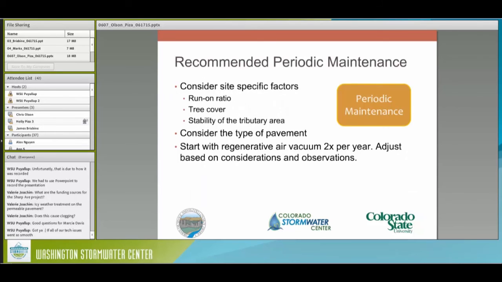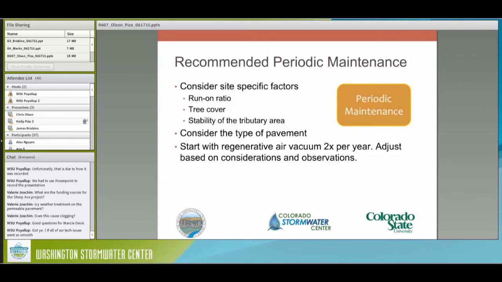I do want to go back, and I've said this a number of times now, you really want to be at a level of periodic maintenance, and it is very dependent on what type of pavement you have, right? I talked about that. If it's porous asphalt, it's going to be a little bit more high maintenance than PICP.